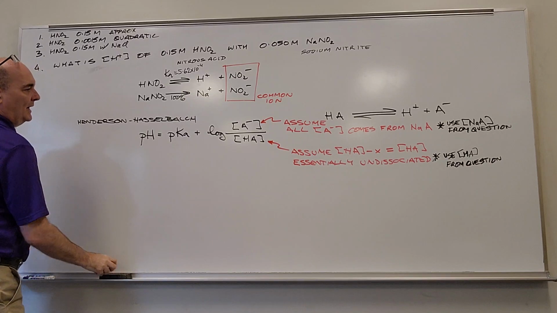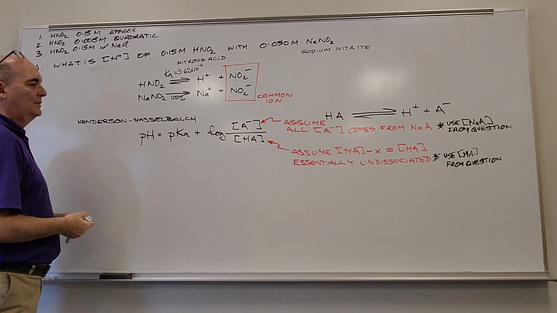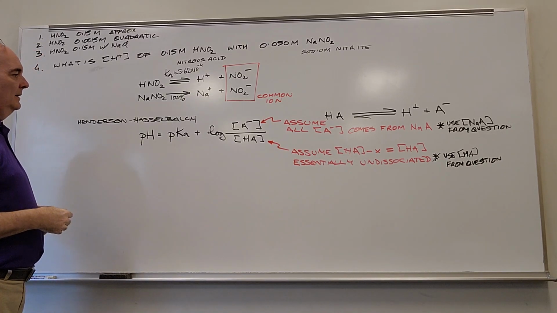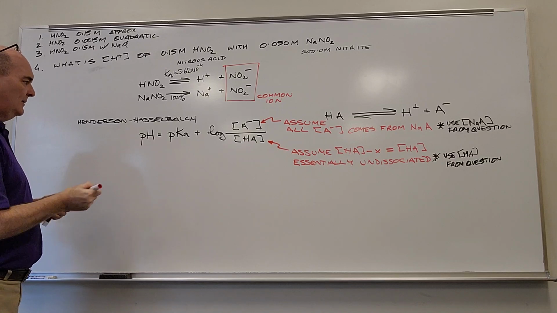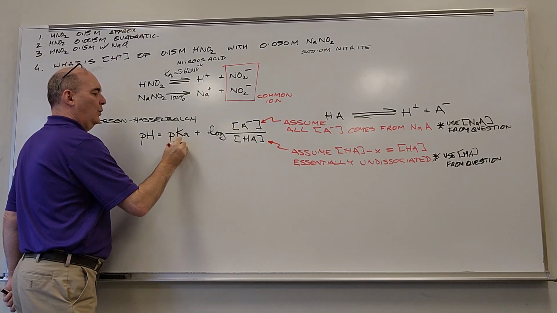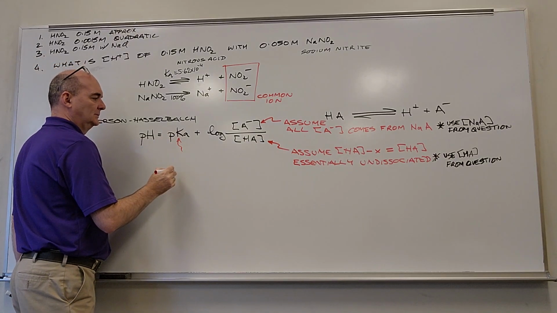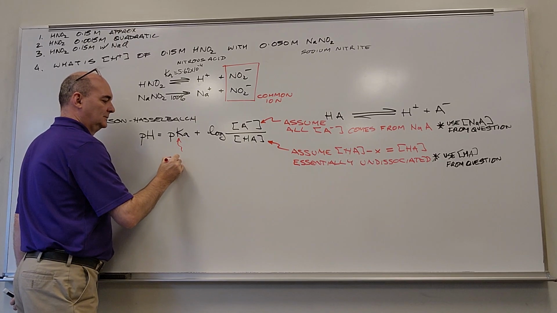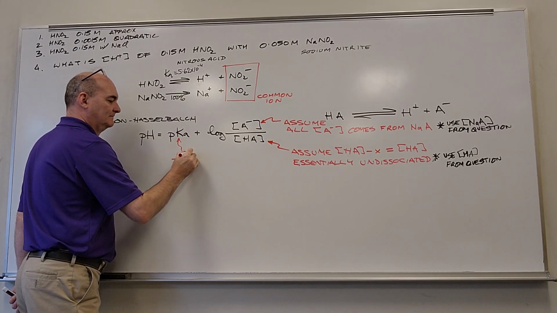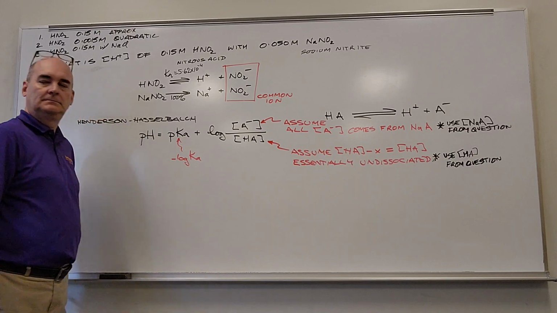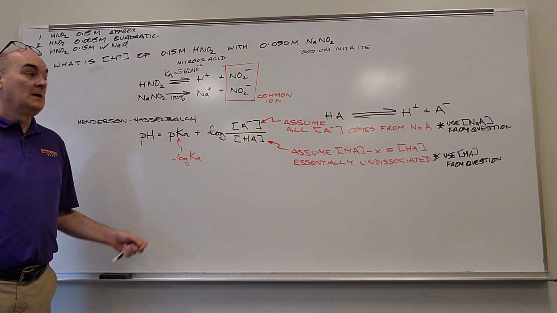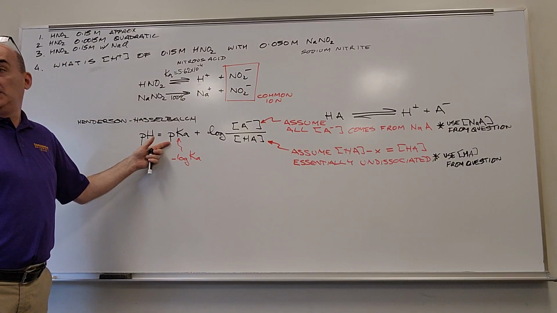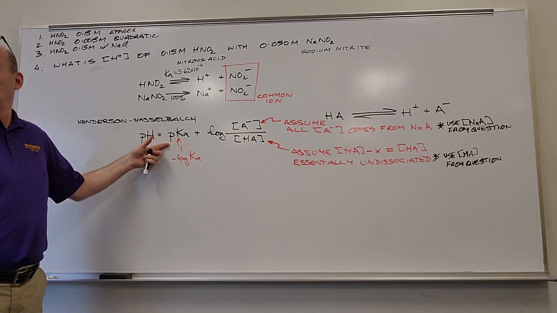pH equals pKa plus the log of A minus over HA. What's a pKa? It's negative log of K. The P function can be applied to anything.